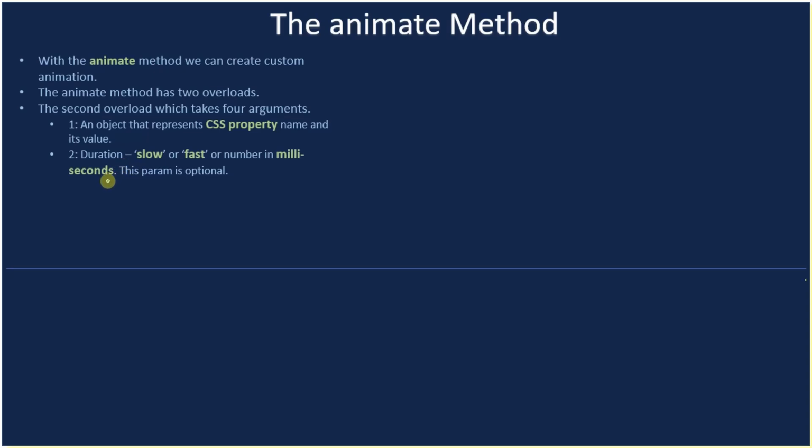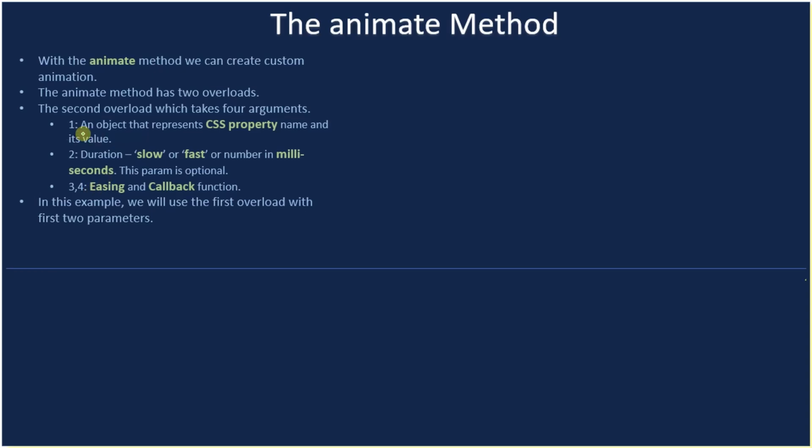Third and fourth parameters that we are not considering in this course are easing and callback function. This will be useful if you want to perform a full-fledged, complete custom animation function like the gradient color. Alright, in this specific video or in this example, we will use the first overload with the first two parameters.